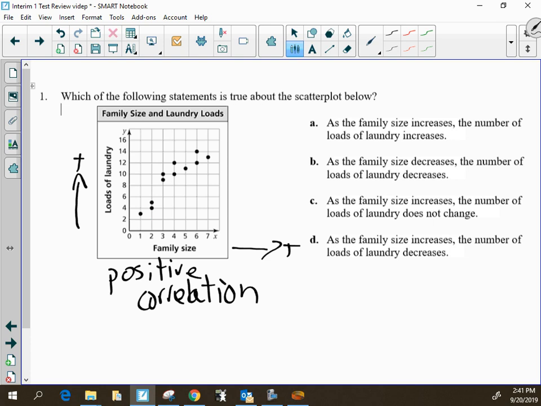So as family size increases, the number of loads of laundry increases. And so the answer is A.